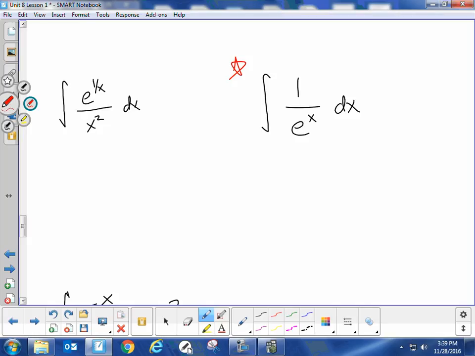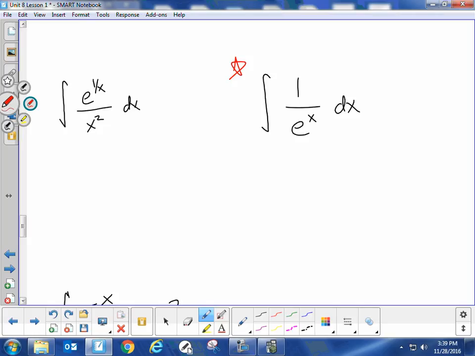Antiderivative of 1 over e to the x dx. I would not set u equal to anything right now as I see it. Any ideas on what I should do?